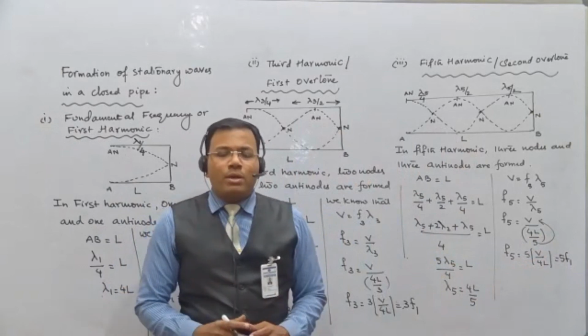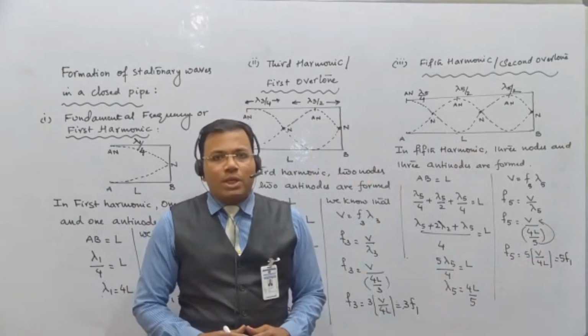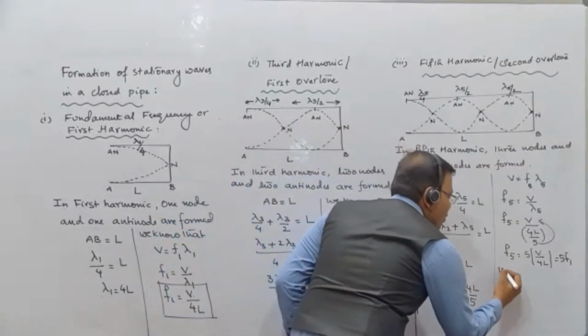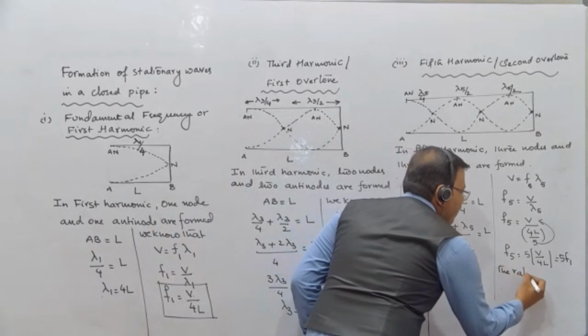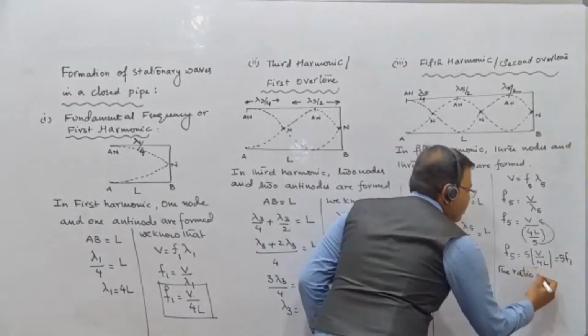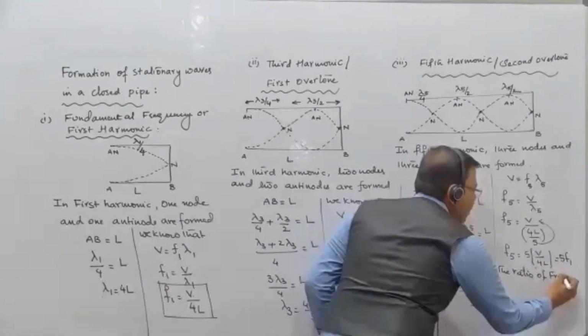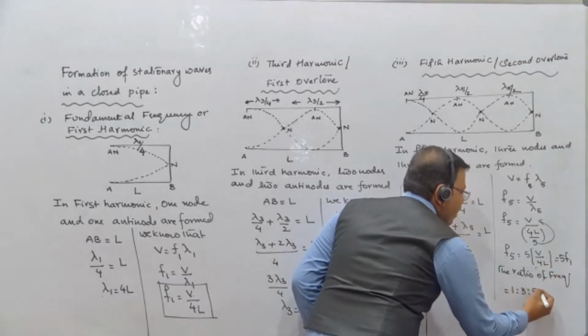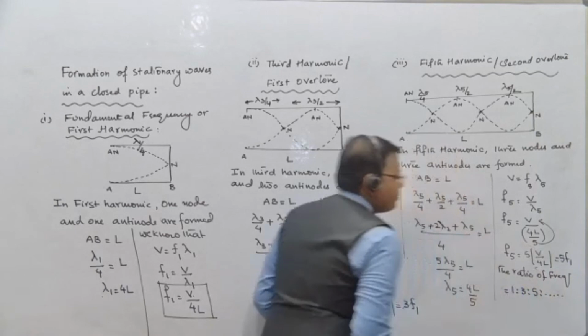We are going to get only the odd harmonics. We are not going to get any even harmonics in this situation. So the same conclusion I'm writing: the ratio of frequencies equals 1:3:5, and so on.